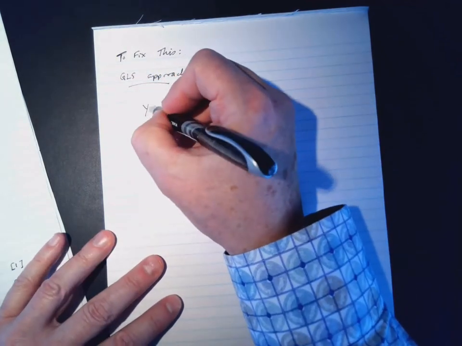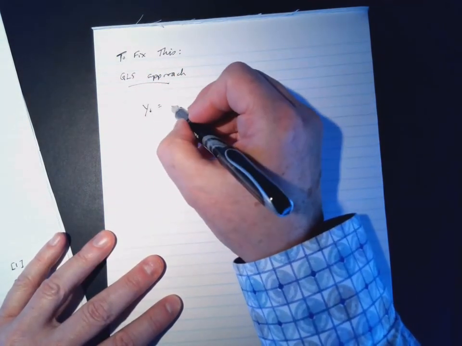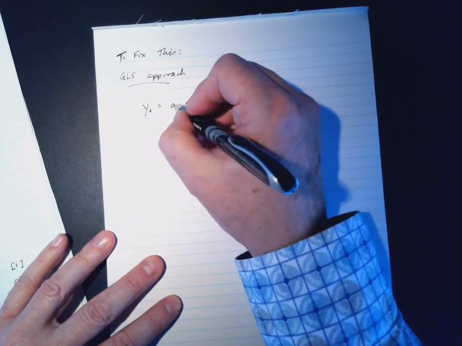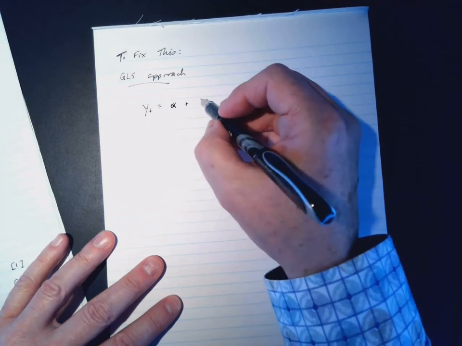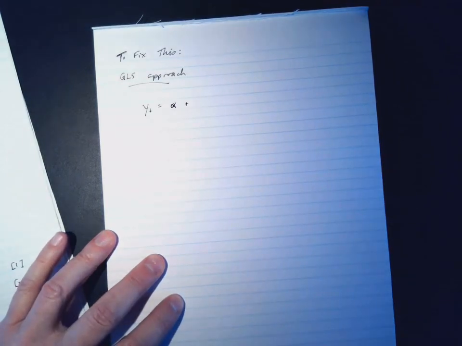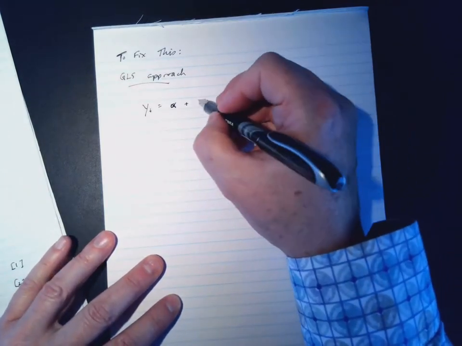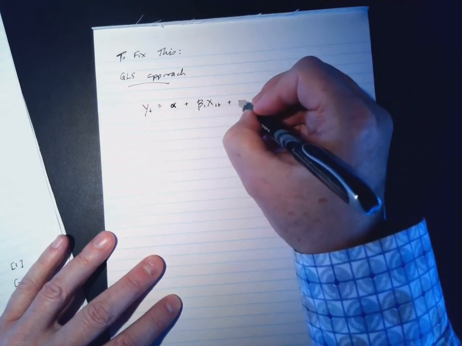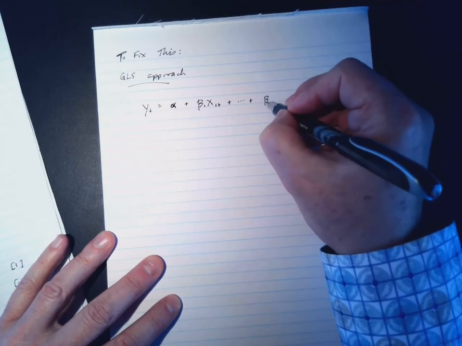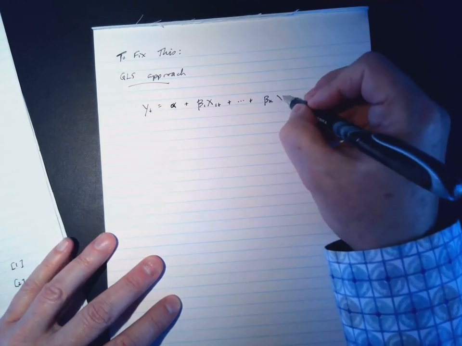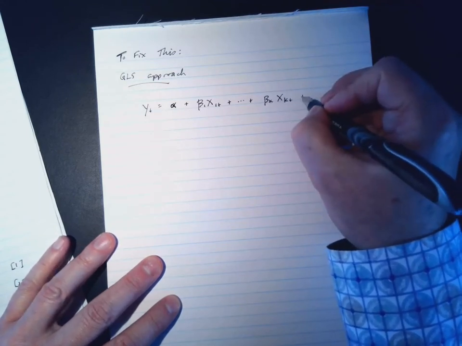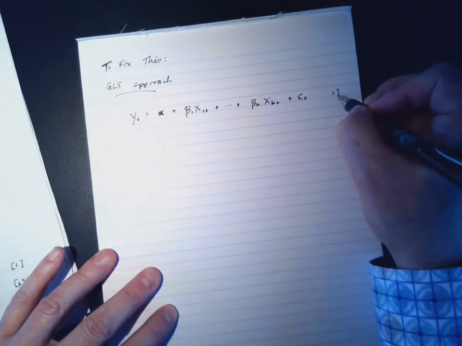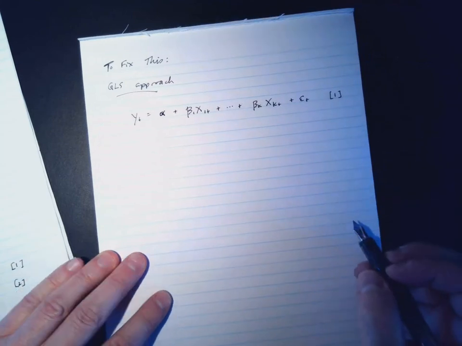So let's start by writing down our basic regression model: y t equals alpha, because that's what the textbook uses, alpha plus beta 1 x1 plus dot dot dot plus, and then we'll go up to k regressors, beta k x k t plus epsilon t. Okay, and we'll call that equation 1.